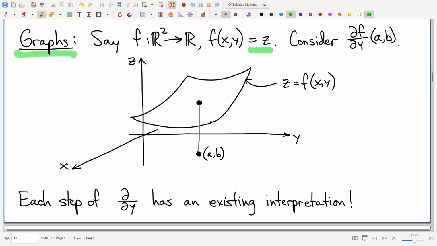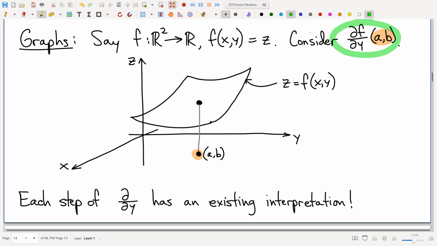You can see right here I'm looking at a graph of this function f. Two variables in, one variable out, and there's our usual picture, the graph of a function of two variables. In that picture, I now want to ask the question: at some point a comma b down here in the domain, if I wanted to talk about the partial derivative of f with respect to y, where does that show up in this picture?